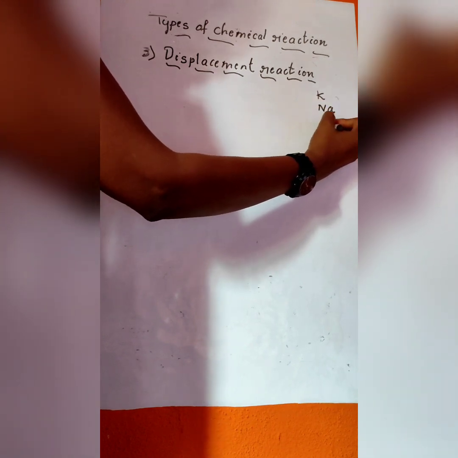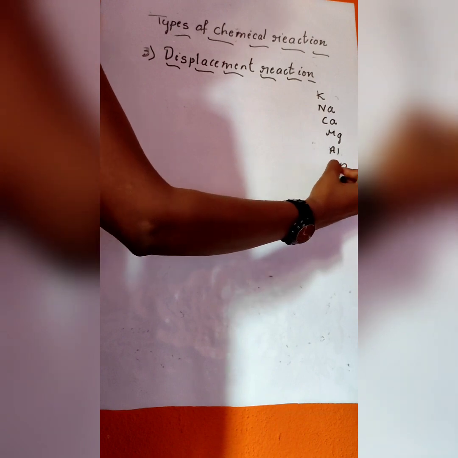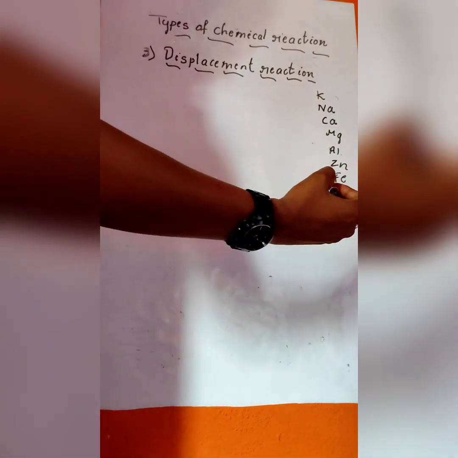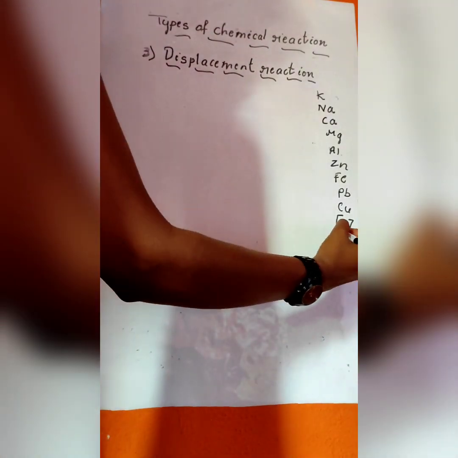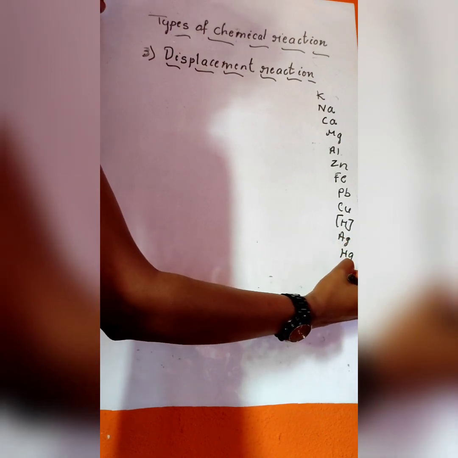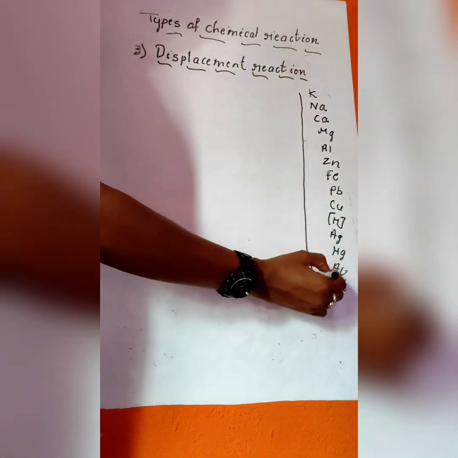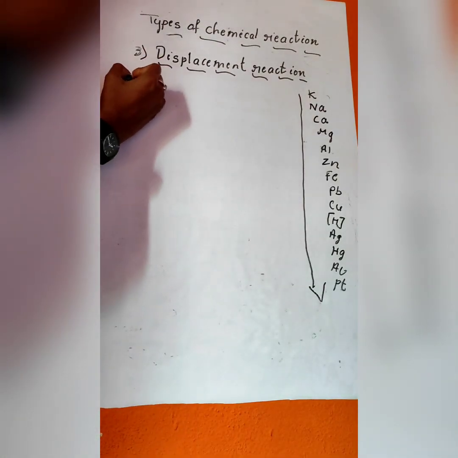I am writing the reactivity series: potassium, sodium, calcium, magnesium, aluminium, zinc, iron, lead, copper, hydrogen, silver, mercury, gold, platinum. So this is the reactivity series. A highly reactive metal displaces the less reactive metal. Clear?